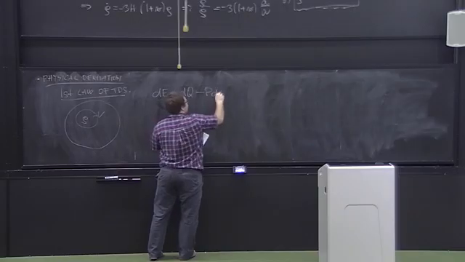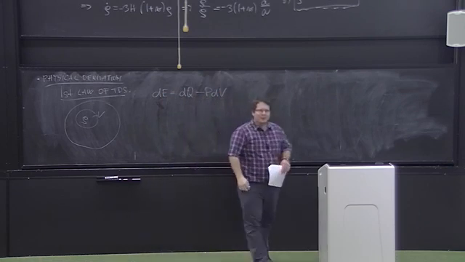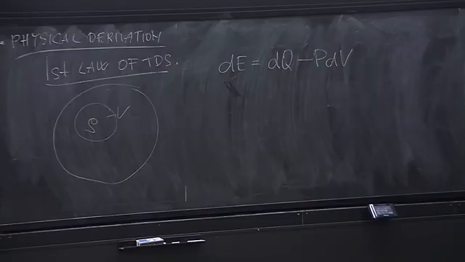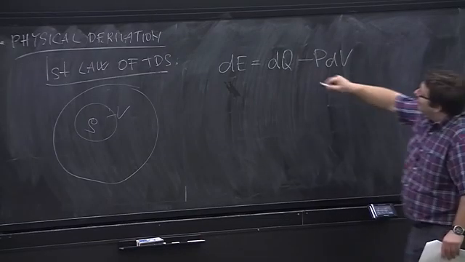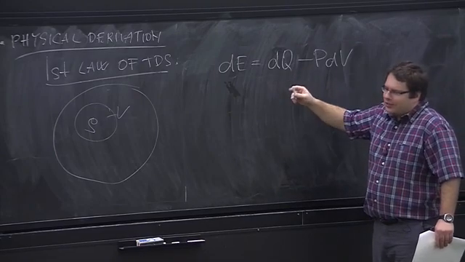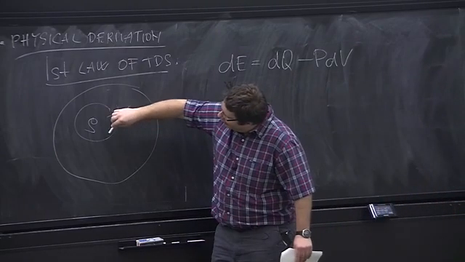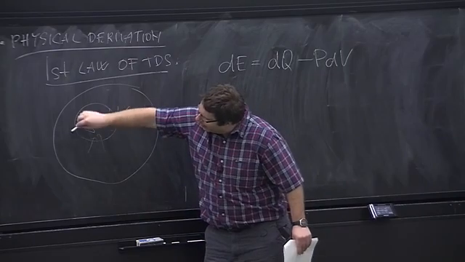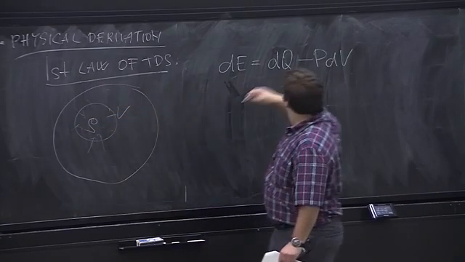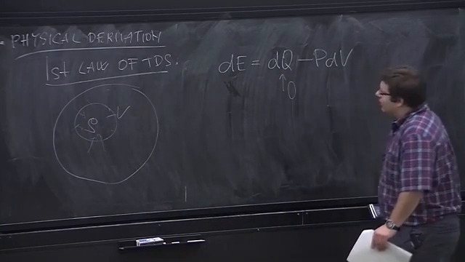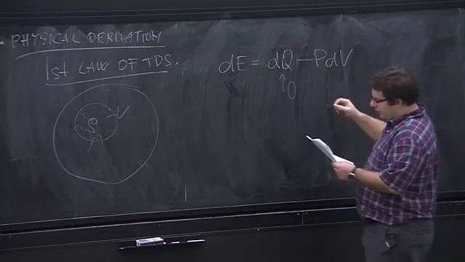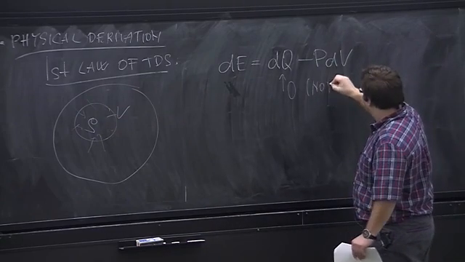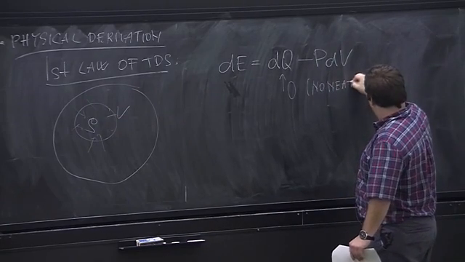minus P dV. Now what is true is that there is never a heat flux in the universe through the boundary of the domain. So this dQ is actually 0 because there is no net heat flux.